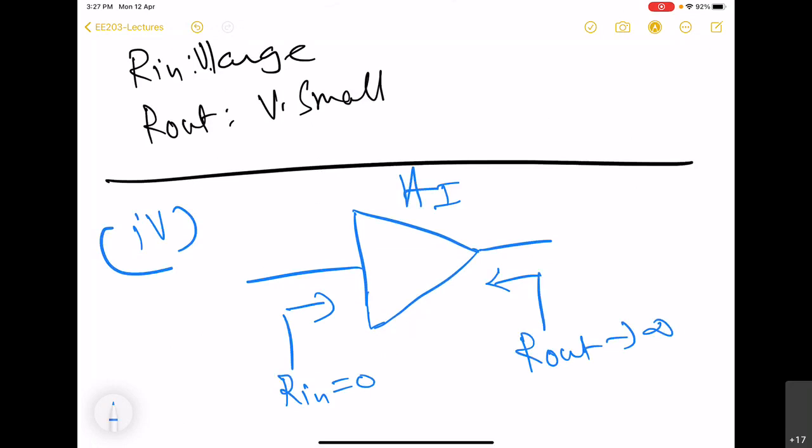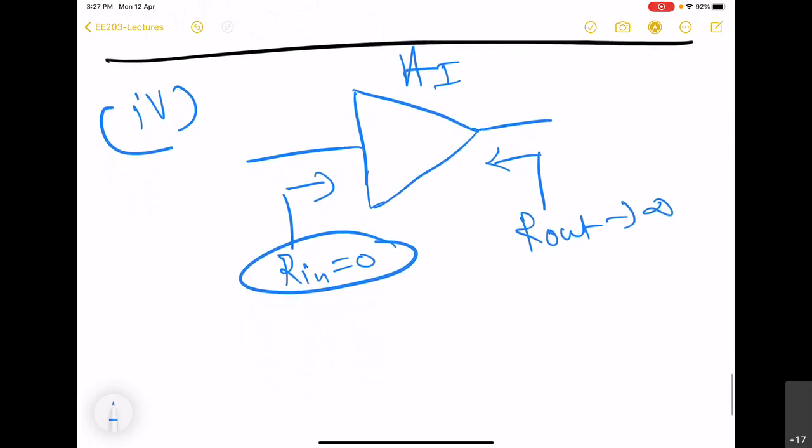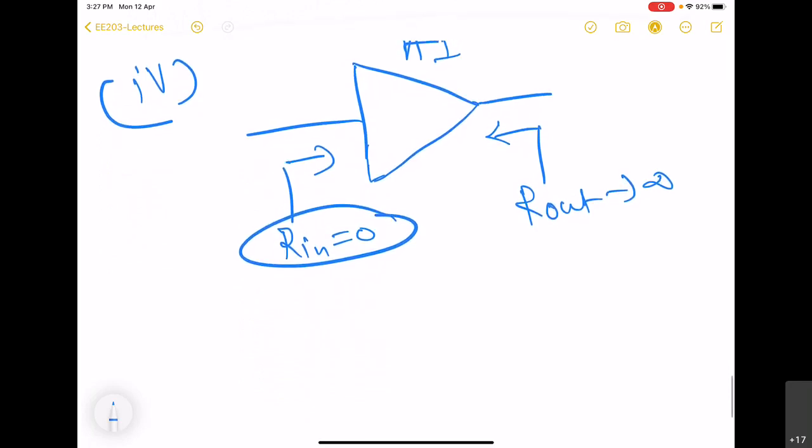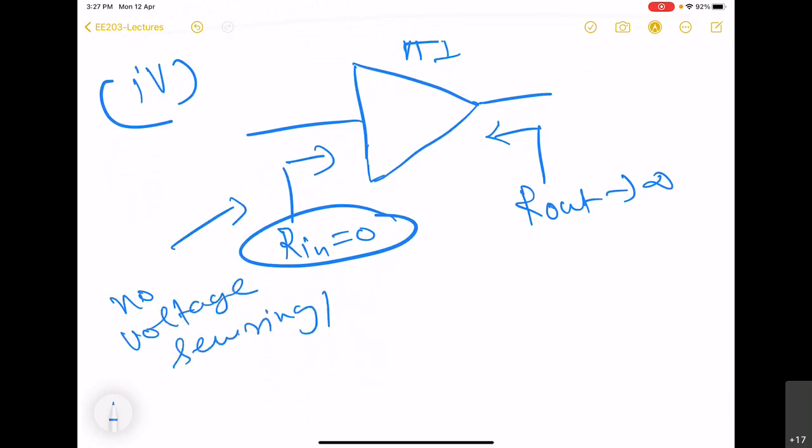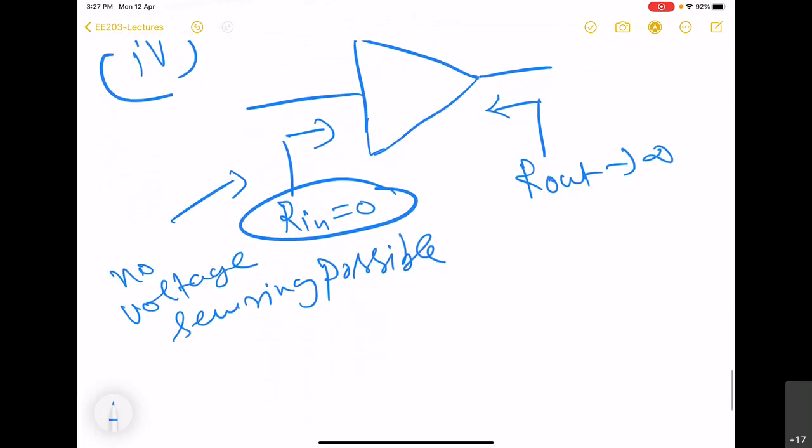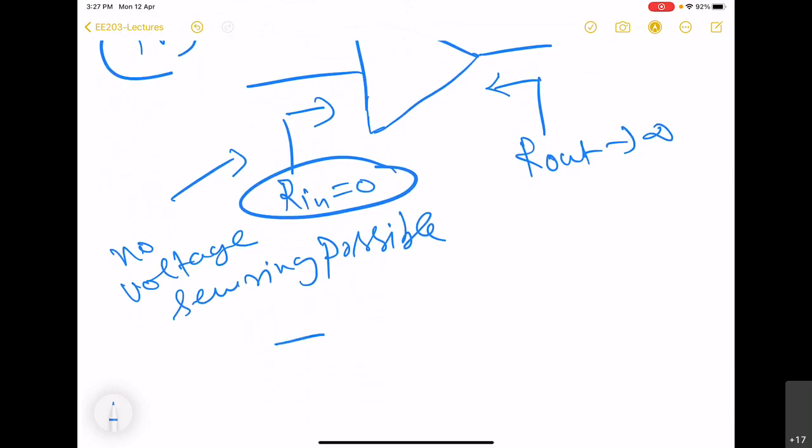So here we can see that input impedance is 0. That means internally it is like grounded.